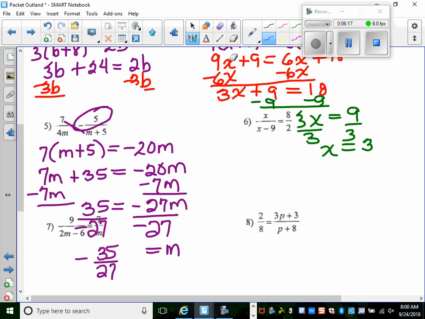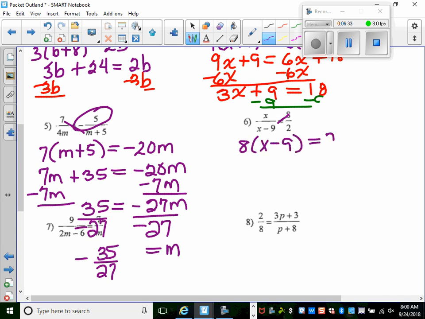All right, let's move on to number 6. In question number 6, it doesn't matter which way you cross first. So I'm going to cross this way and say 8 times x minus 9 equals 2x. So 8x minus 72 equals 2x. I'm going to move my x's over, so I'm going to do the opposite of a positive 8 by subtracting 8 from both sides.